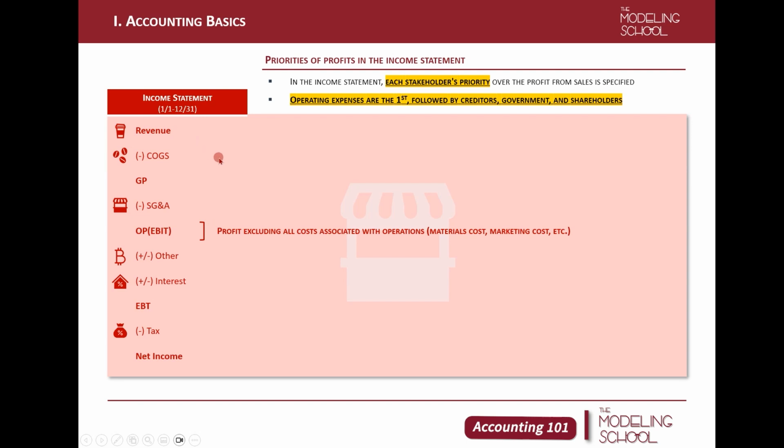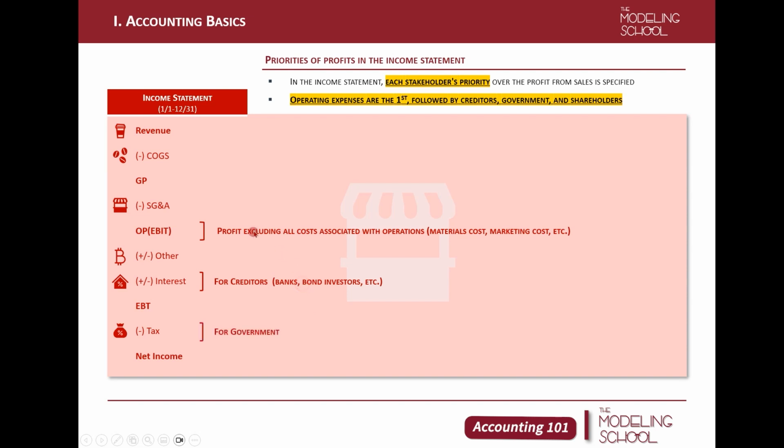That's the first priority from your revenue generation. And then the next priority is the creditors. We first pay interest if we have enough left over from operating. If we don't generate enough money from operating activities, we won't have enough left over for the creditors. But anyways, the first priority after the operating expenses are the creditors; interest expenses are typically for banks and bond investors and so on.